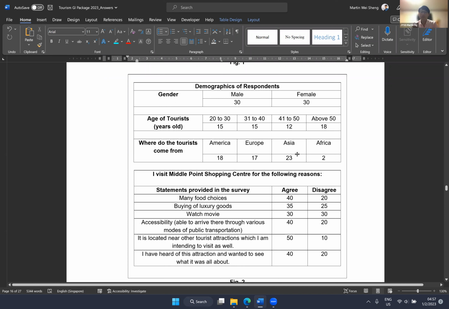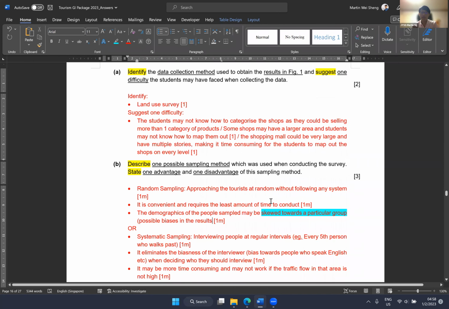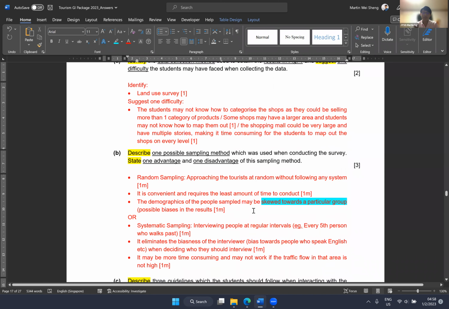But perhaps the student could see, oh, this one is an Asian, can speak Chinese, so I go and approach the person. Then, this one is African, I'm a bit shy, never spoke to an African before, so I don't want to talk to them. So because of the method they use, it could be skewed. In the end, they ask more Asian tourists, or more people from Western countries, America, Europe. So this is the disadvantage.